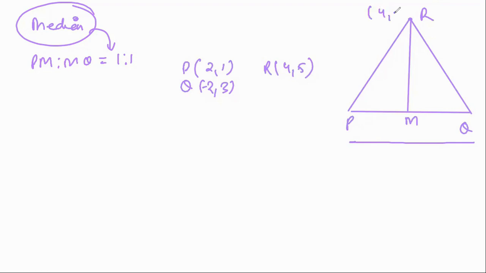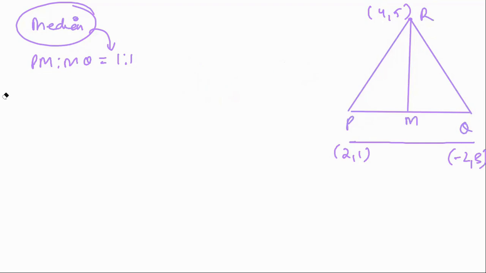Now let's write first the coordinates of R, P and Q. So these are the coordinates. Now what we have to do?